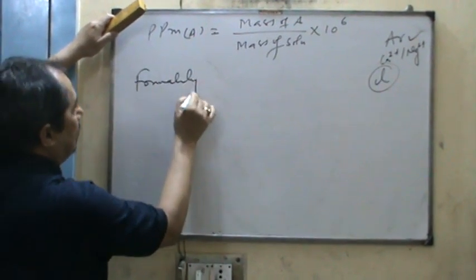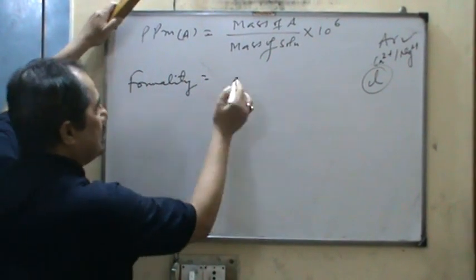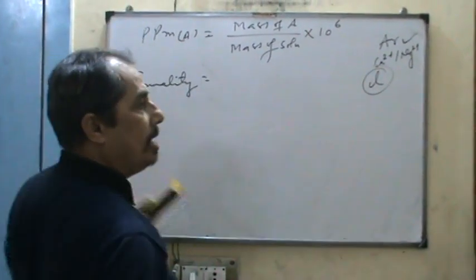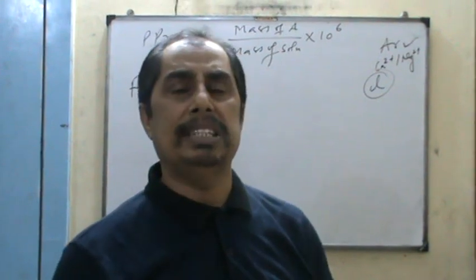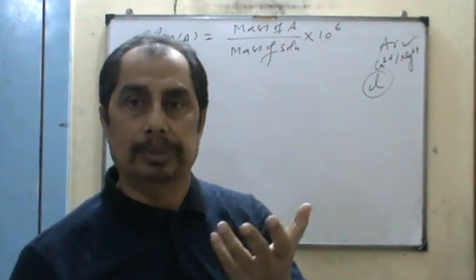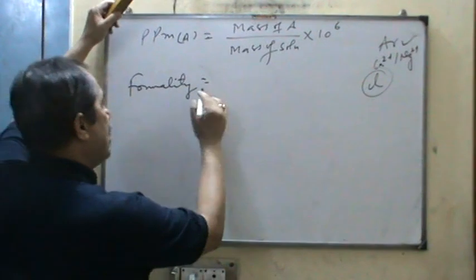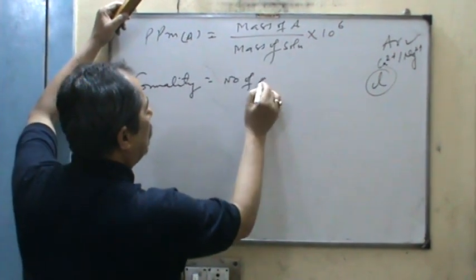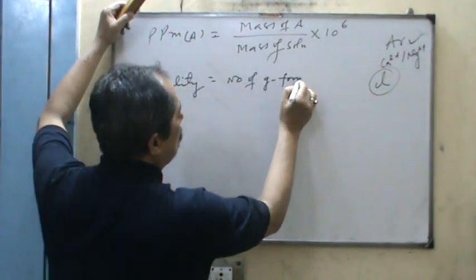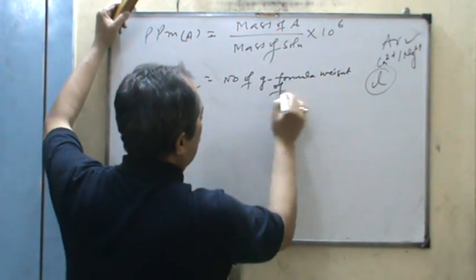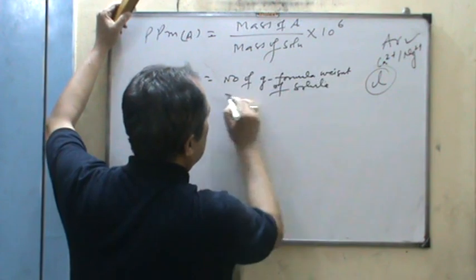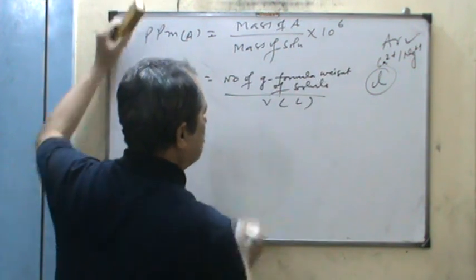And then next is formality. You know what is formality? Yes, formality is for ionic substances. There is no fundamental difference between molarity and formality, but formality is applied for ionic substances. So formality is, in the same way, the number of gram formula weight of solute per volume of solution in liters.